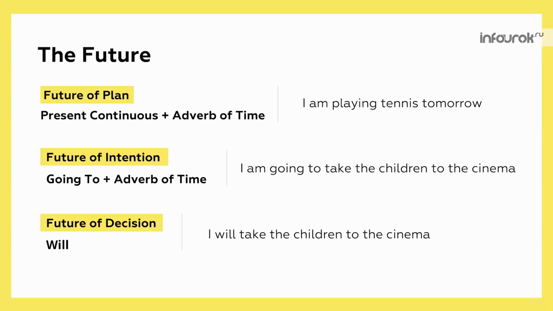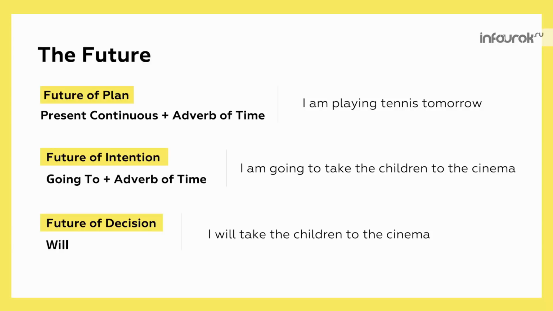But if I say, I am playing tennis tomorrow, it means I have a plan. Everything is organized, everything is arranged, and tomorrow I am playing tennis. So it becomes a future. So the present continuous, which is a tense, can easily be used to describe a future action. So I am playing tennis tomorrow. I am playing tennis this afternoon.